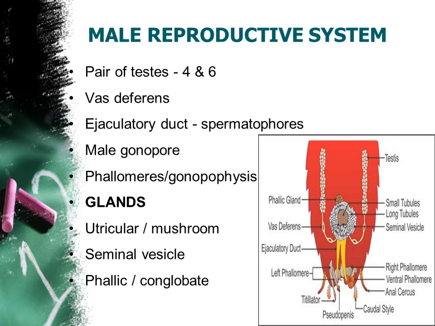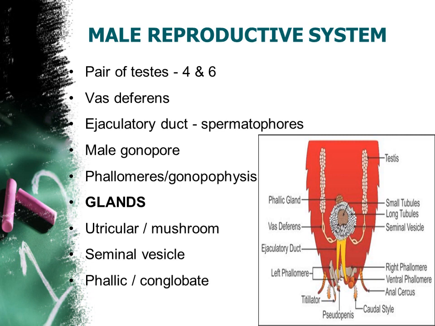Along with the male gonopore, there are some accessory organs known as phallomeres, or we can say gonapophysis. If you are unable to read it, just split the word and read, then you will get the term. That is helping the copulation process of the cockroach.